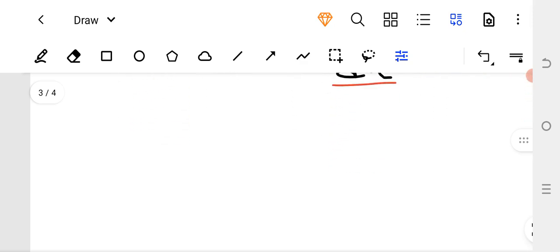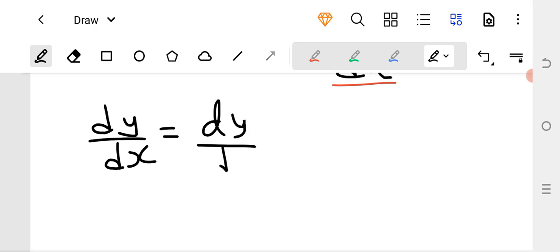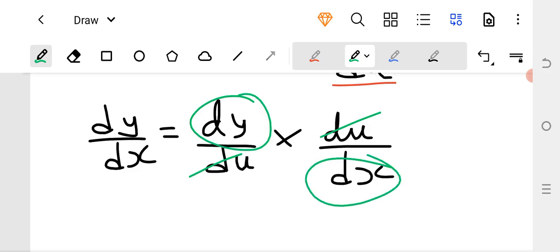So we'll say that dy/dx is equal to dy/du multiplied by du/dx, in such a way that the du's cancel out and you remain with dy/dx. That is a good way of remembering, but mathematically we can't just cancel out du and du.